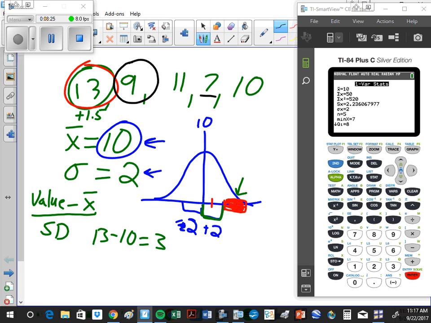Okay? So the next question is kind of interesting. It says, find the average and SD of the converted list. Okay, so everybody watch this.